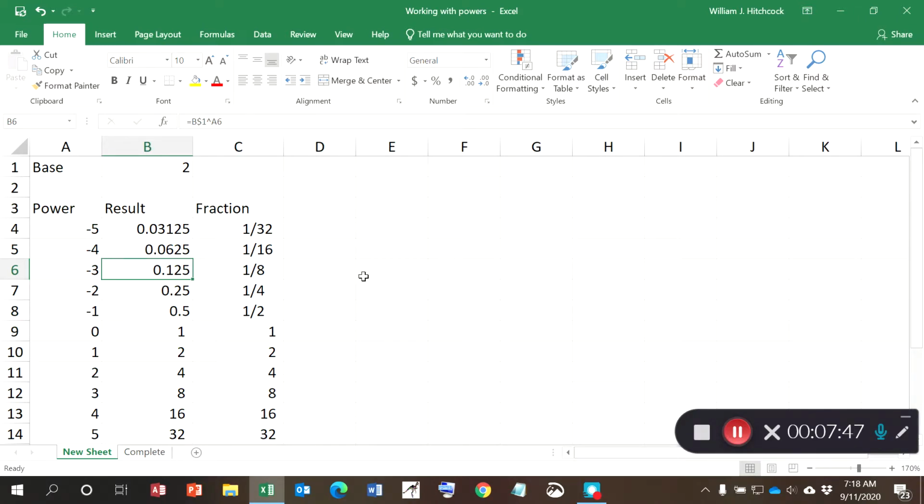As a decimal, 0.125. So once you've got the spreadsheet set up, you can try it with base 3 and see what happens. And here we go.